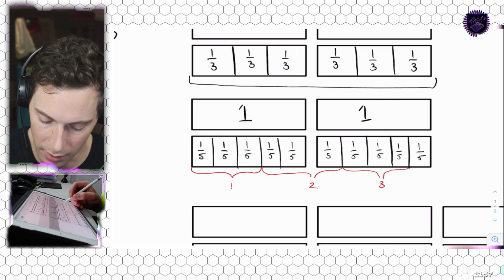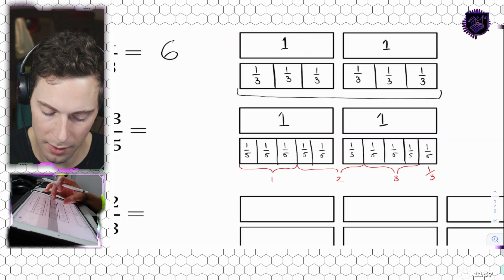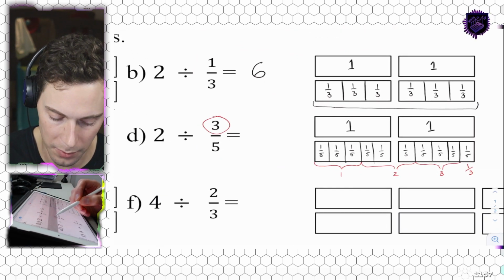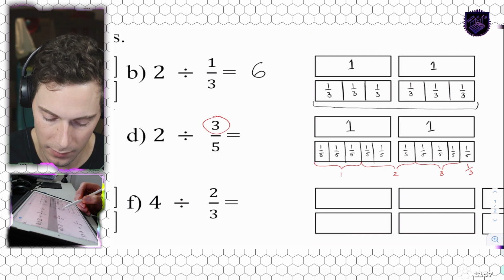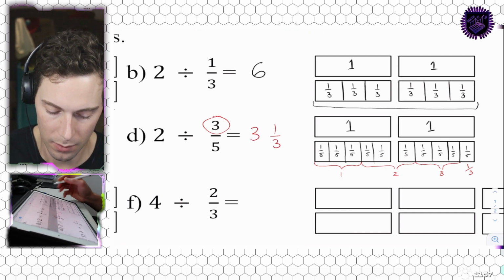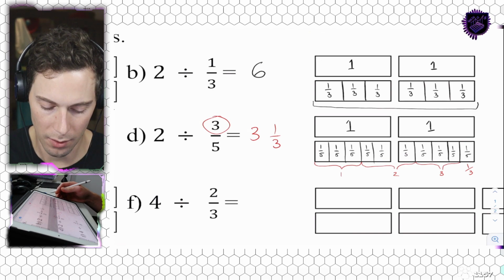And then I have 1/3 of a group, right? Because I'm making groups of 3. So we're going to have 3 and 1/3.